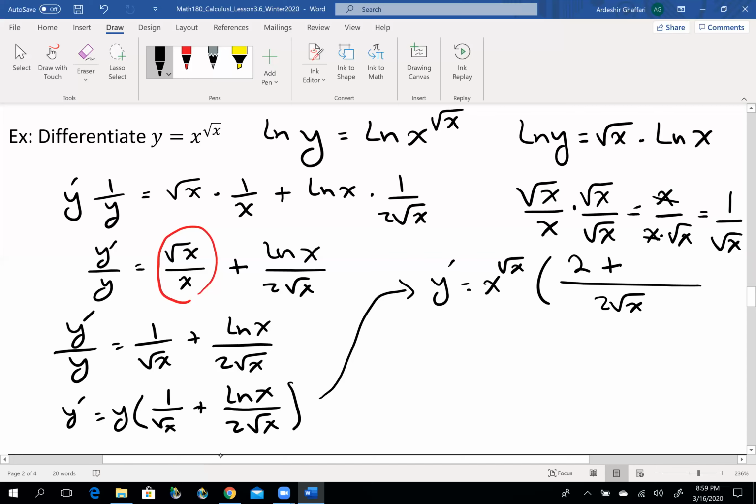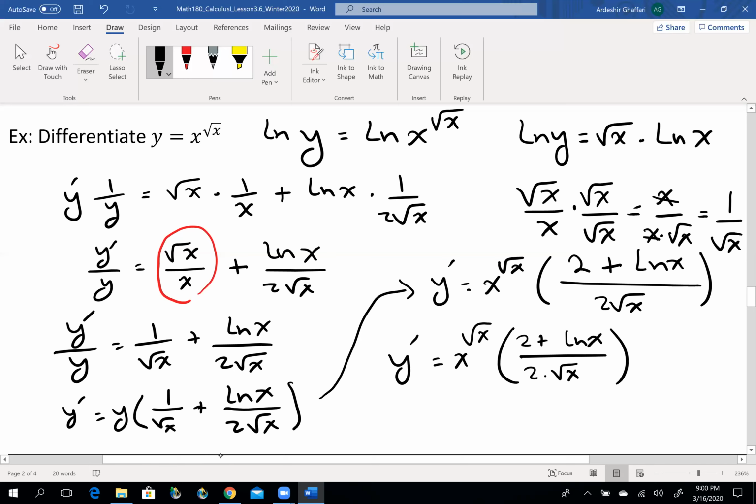The 2 square root of x and 2 square root of x cancel out. What's remaining is natural log of x. So y prime equals x to the power of the square root of x times (2 plus natural log of x) over 2 times the square root of x. And that's the derivative.